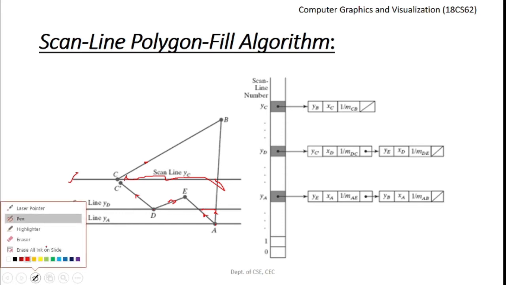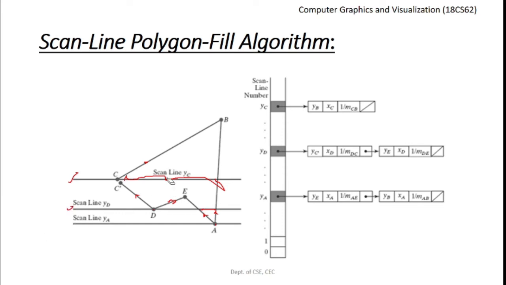Okay, so that is the scan line polygon fill algorithm. So for this particular intersection, we go on filling it from this particular region to here. The entire section of that scan line is lying within the polygon. That is the scan line polygon fill algorithm.